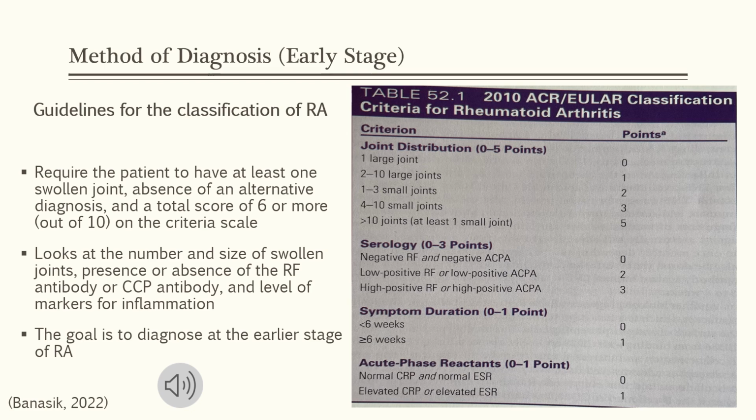The criteria involves looking at number and size of swollen joints, the presence of antibodies or lack thereof, and inflammation markers. Ideally, the earlier you can diagnose and treat rheumatoid arthritis, the less disease progression you'll see and the less damage. And some damage is reversible, so the prognosis is better long term.